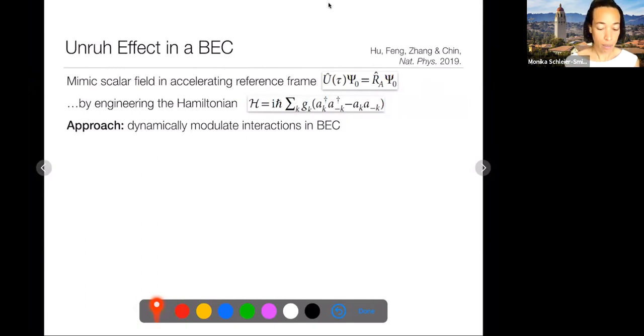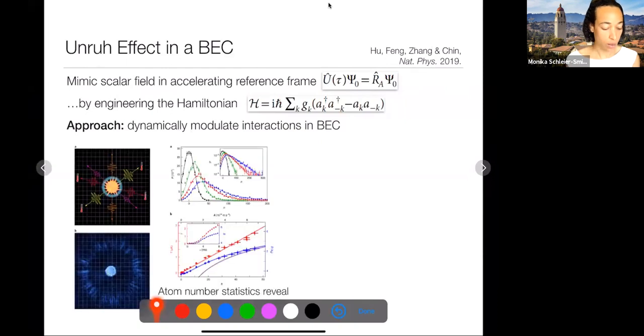then one can show that that's equivalent to having time evolution under a Hamiltonian that involves creation and annihilation of pairs of excitations with opposite momentum. They are able to realize this Hamiltonian by having a Bose-Einstein condensate with an interaction strength that can be dynamically modulated.